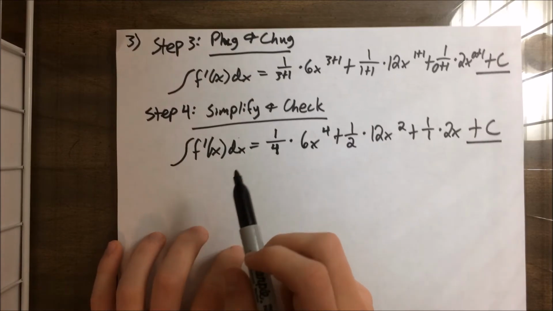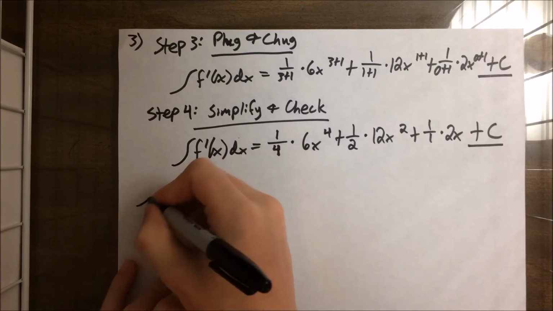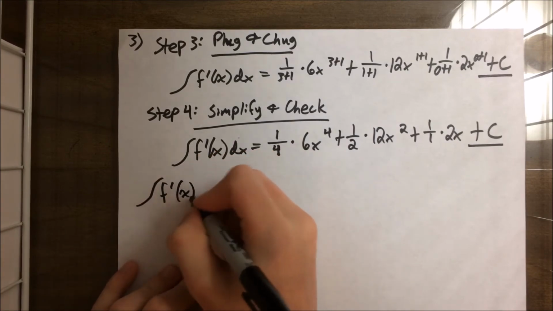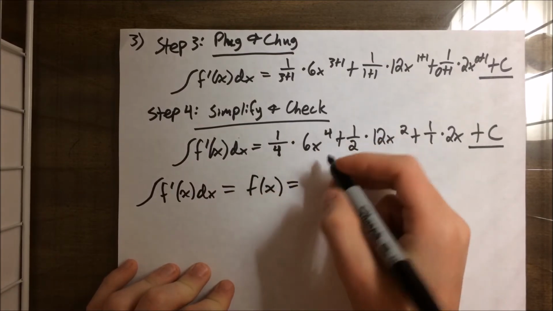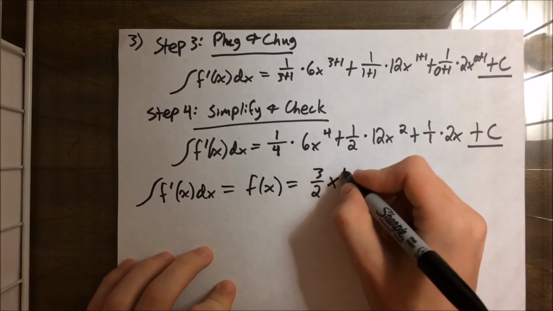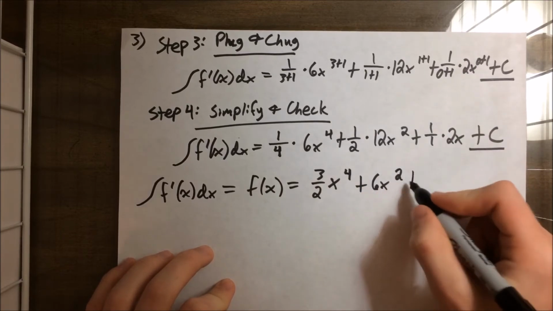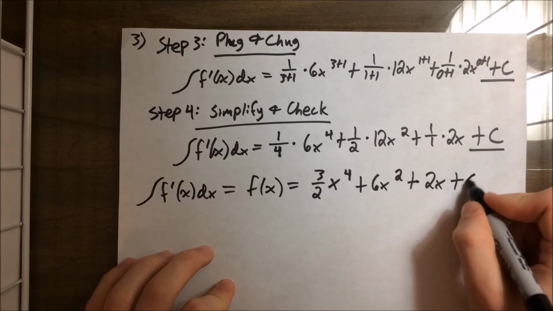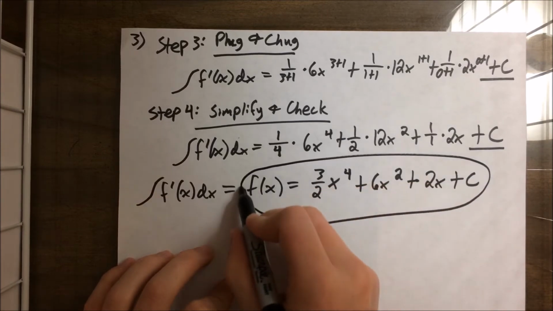If you remember, the integral of the derivative is the same thing as the base function. So we can write that the integral of f prime of x dx is equal to f of x, and that's equal to, let's continue simplifying, 3 halves x to the 4th plus 6x squared plus 2x plus c. So this right here is your final answer.